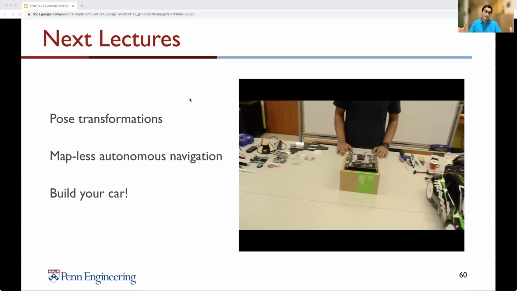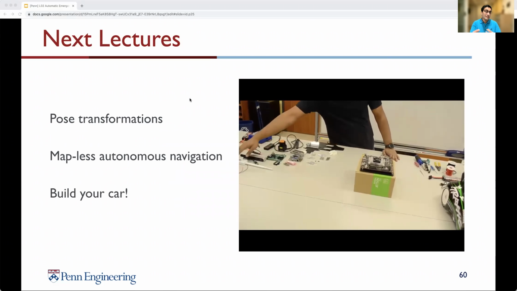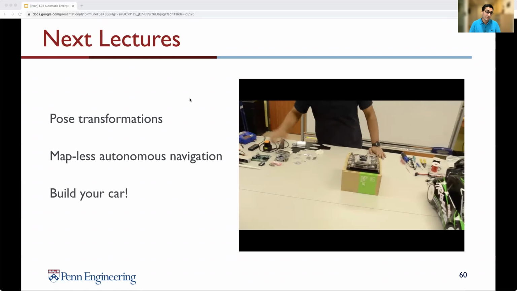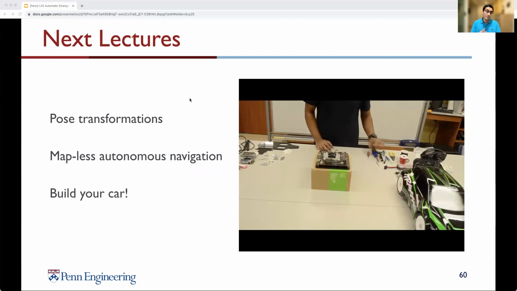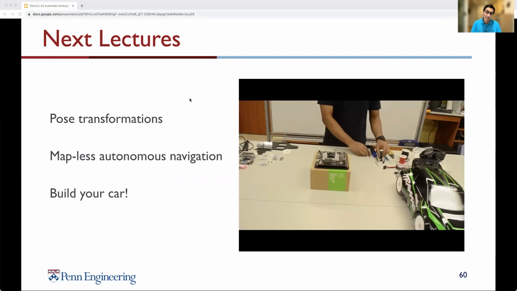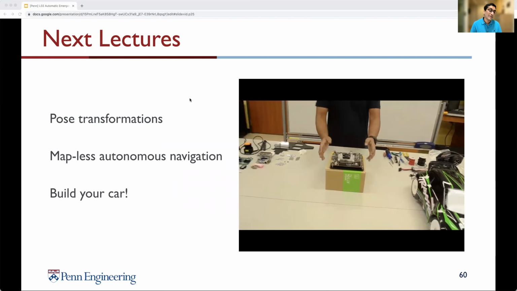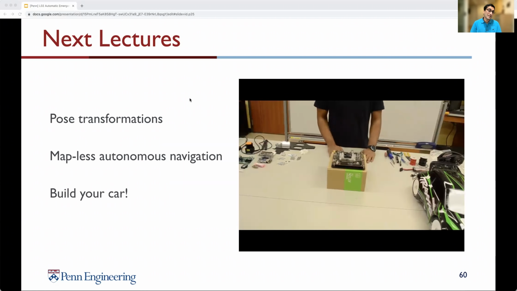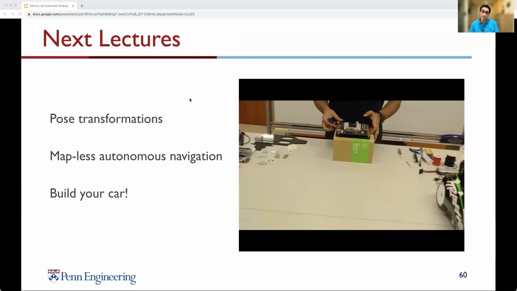That's a good way for us to capture an integrated view from multiple sensors and also to help us localize our vehicle within a map, which will eventually help us to plan within that map and then to race within that map using map-based techniques. But before we go all the way there, we want to capture the basics of pose transformations. And we also will study mapless autonomous navigation, right?